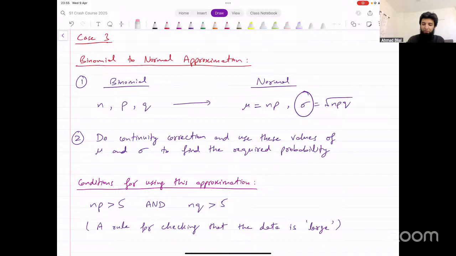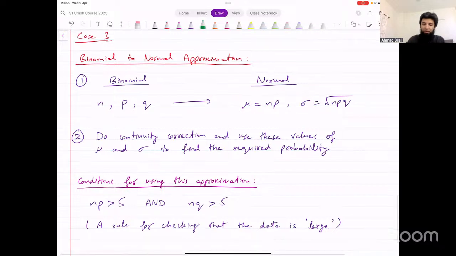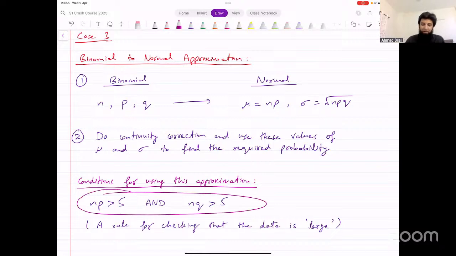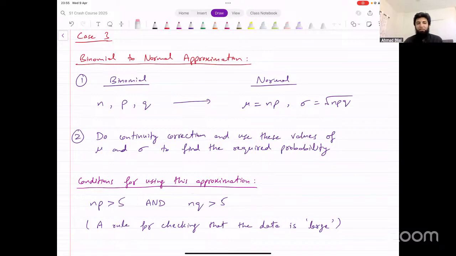Then you do continuity correction, and then find the probability using normal distribution like you normally do. What are the conditions? np and nq, both of them should be greater than 5. This is the condition for using this approximation. In terms of concept, that was the last thing that we had.